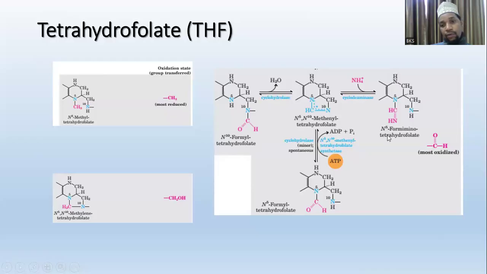You also have formimino, where you have this carbon double bonded to nitrogen. That is where the formimino comes from. Then you have it attached to N5. You have N5-formimino tetrahydrofolate, whenever this group is involved in the transfer. So you can see this one involves the transfer of carbon, and at the same time also nitrogen.